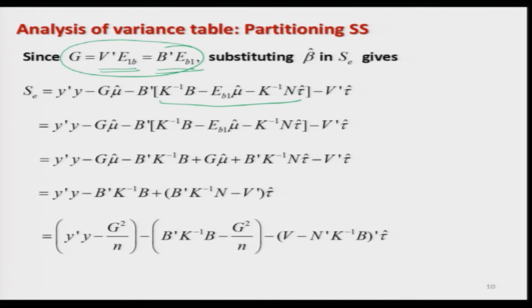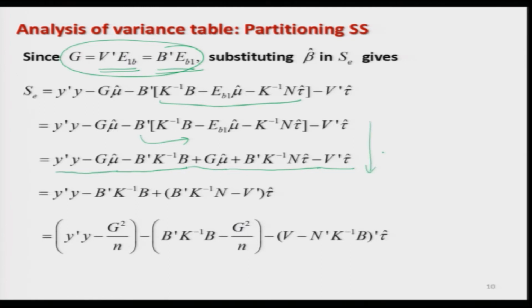So, this can be written as y transpose y minus G mu hat, and then if you bring this B transpose inside the bracket, this becomes B transpose K inverse B plus G mu hat plus B transpose K inverse N tau hat minus V transpose tau hat.